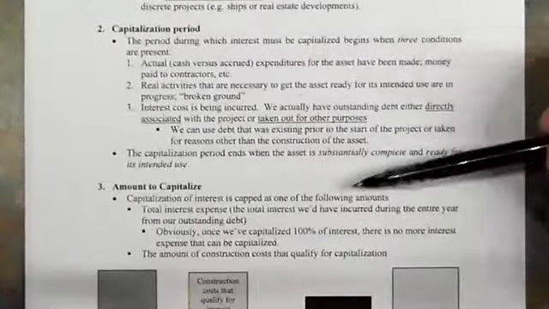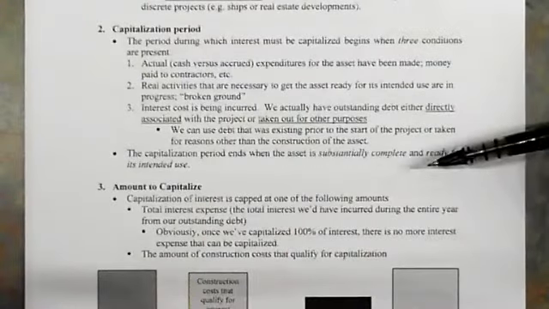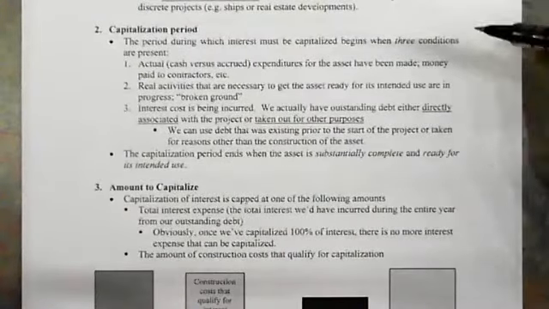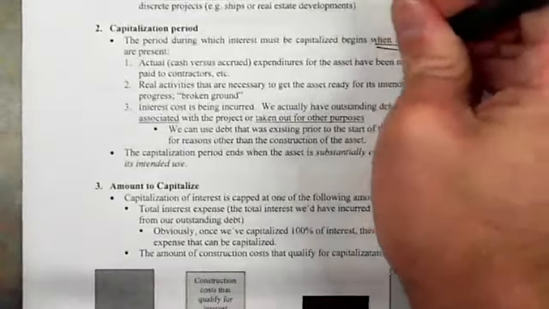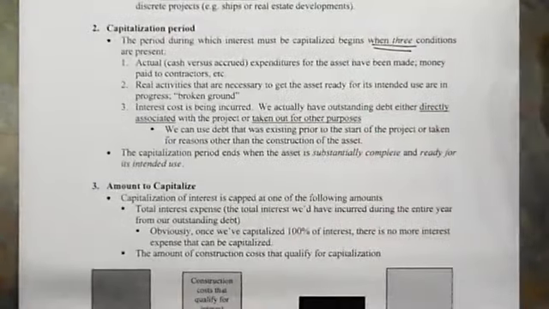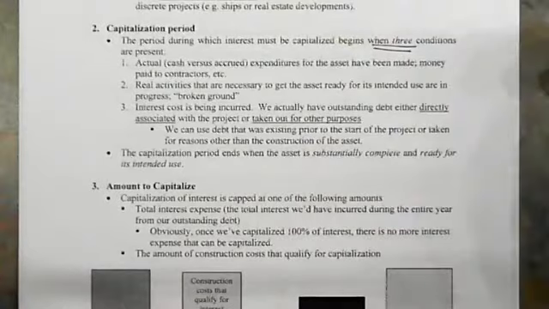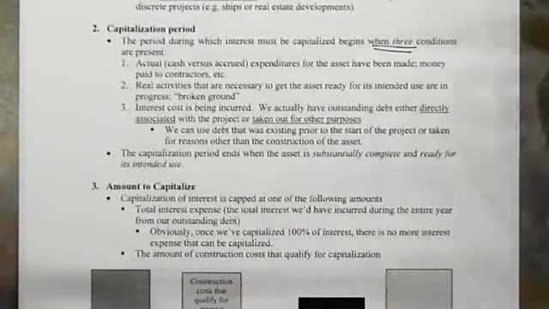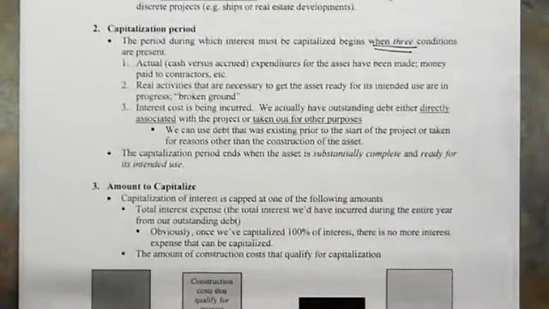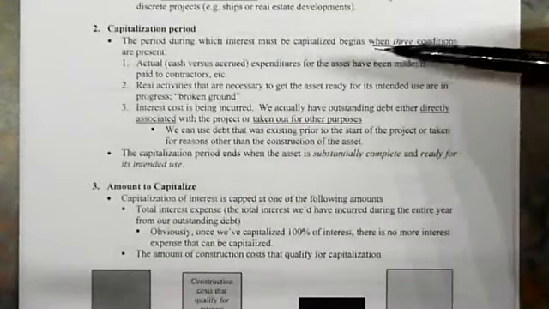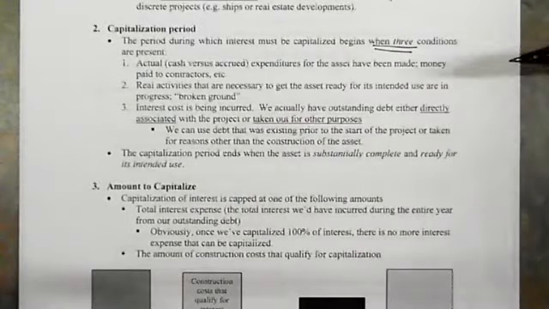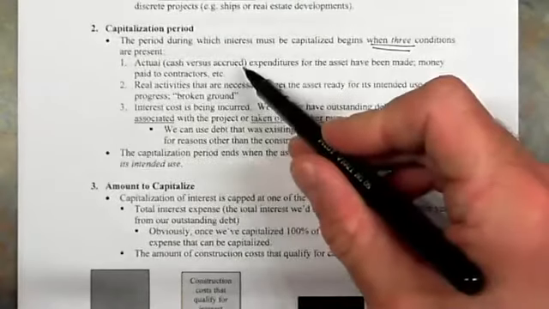Capitalization period. So what period of time can we actually capitalize interest? It begins when we meet three conditions. So we have to meet all three. This isn't one of those accounting conditions where only one has to be met. However, now we have to have three conditions met. Actual cash expenditures have to have been made, money paid to contractors. So not just accrued expenditures, right?